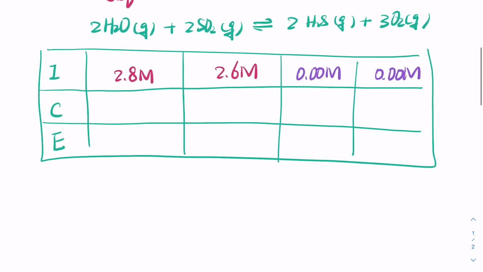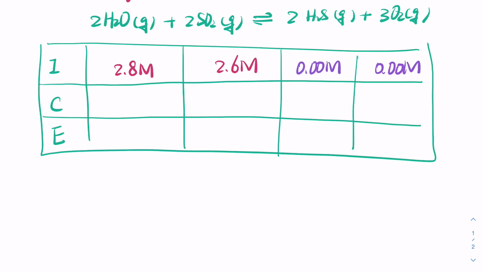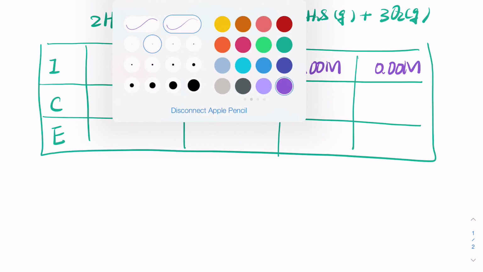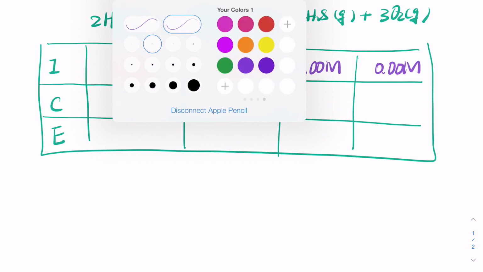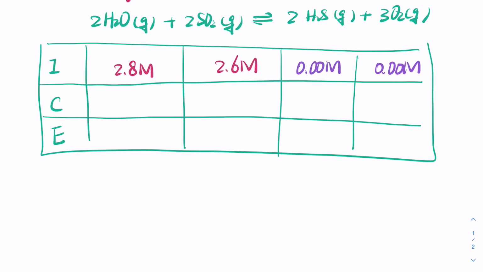As I said, after you have the initial, you need to decide Q, which is also important to calculate. The first step is to calculate Q. It's still products over reactants: H2S squared times O2 cubed, divided by SO2 squared and so on, all initials, since that's the condition we're given and our starting point.